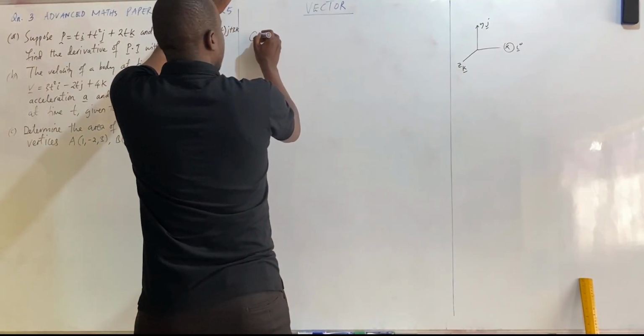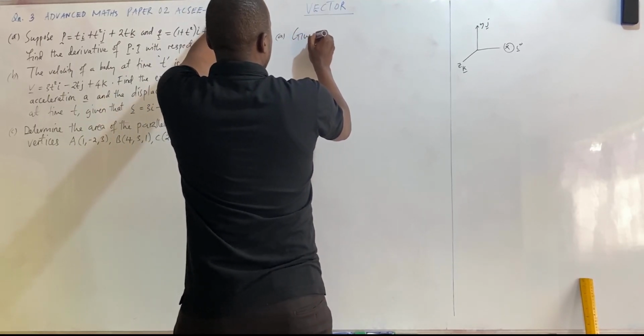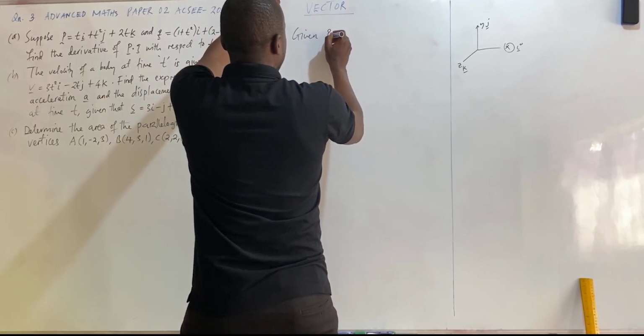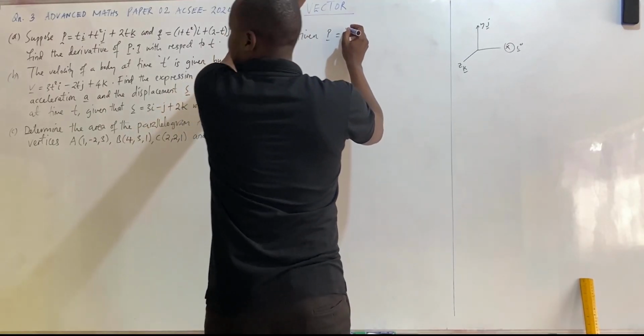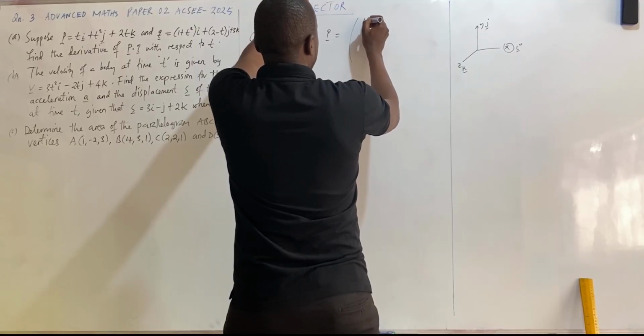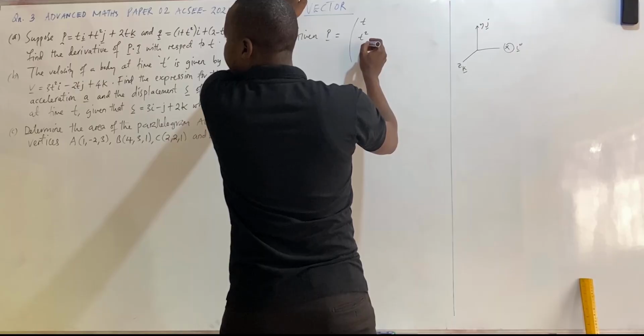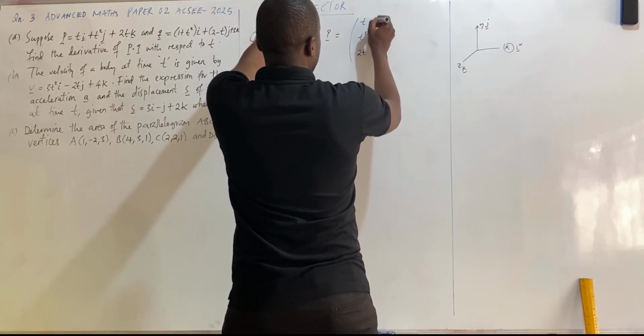Now let's see case A. Given vector P, maybe I can write it in matrix form. Here we can write T, then here we have T square, and here we have 2T.